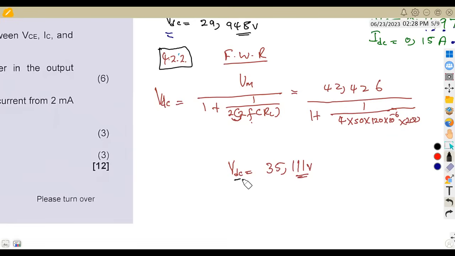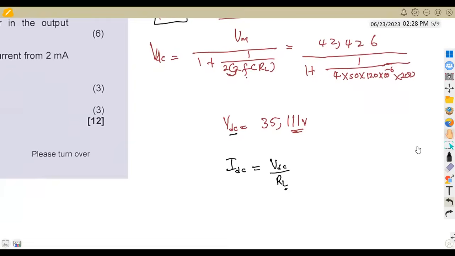But it's not only about the output voltage, it's also about the output current. Our output current IDC, like I said, is simply the voltage that you get from the DC over the resistance of our load resistor. The load resistor is at the DC output. So we are going to have our VDC from the full wave, which we got as 35.111, everything over RL.